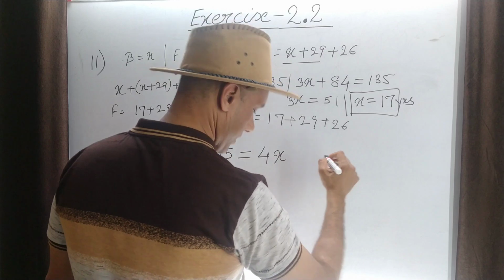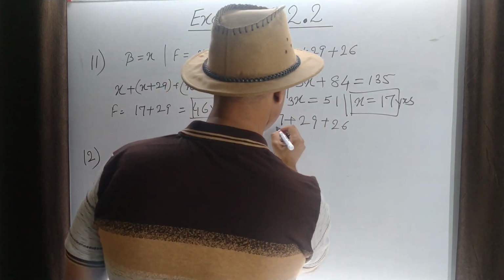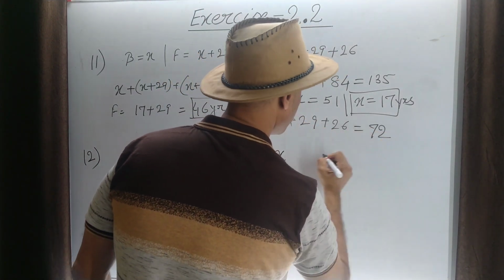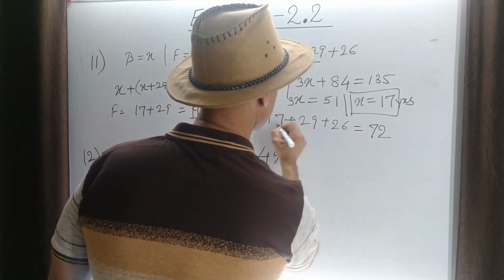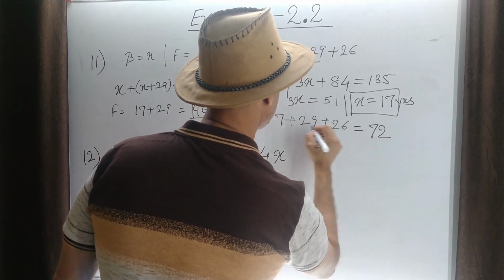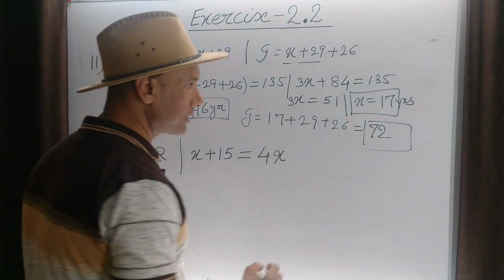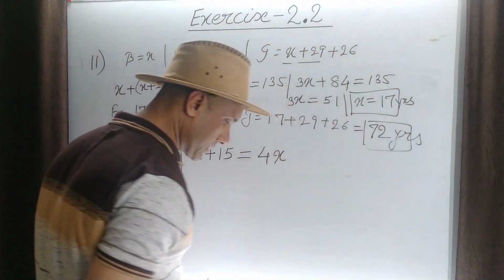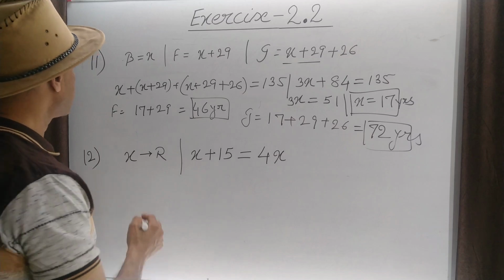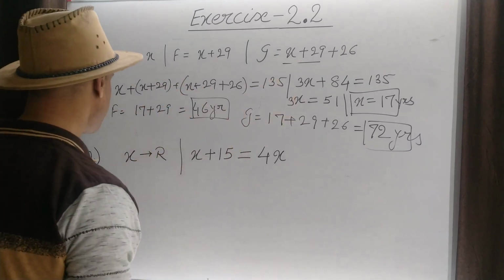Okay, that will be 72. Yes, okay. So Baichung's grandfather's age will be 72 years, his father's age will be 46 years and Baichung's age will be 17 years.